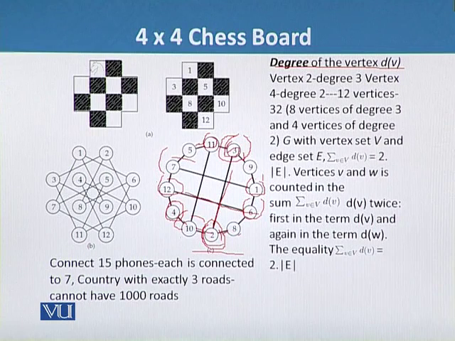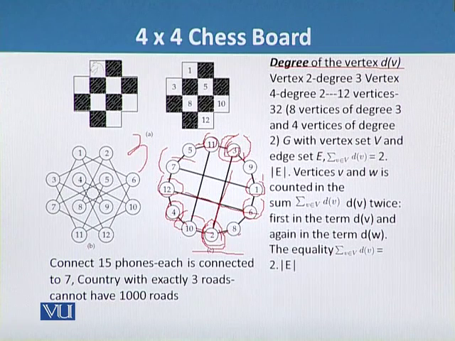So there are 16 edges that are present in between. But when we consider individual vertices, then the edges will be doubled. So instead of 16, the count will be 32.